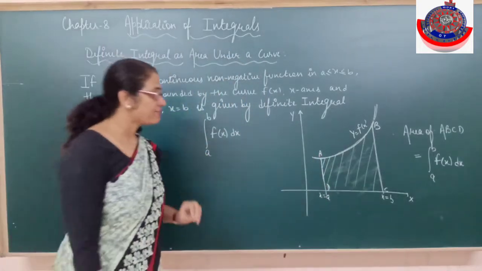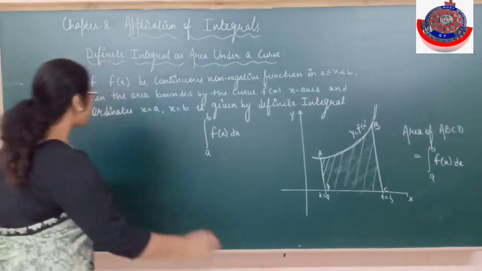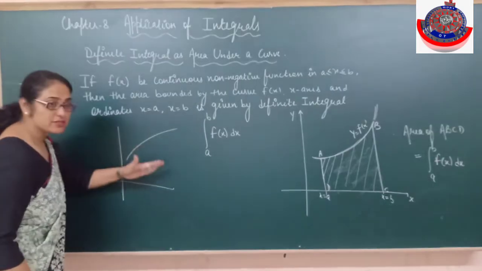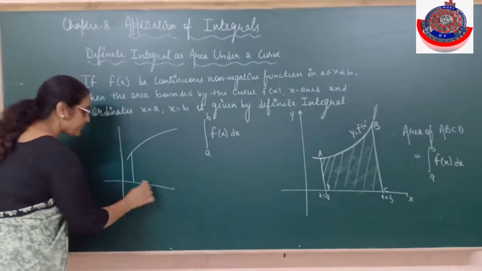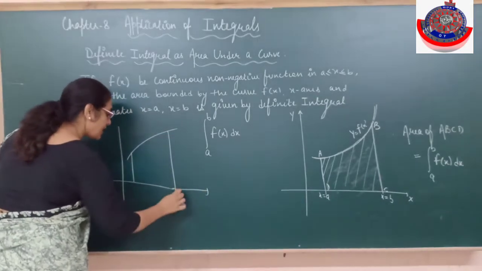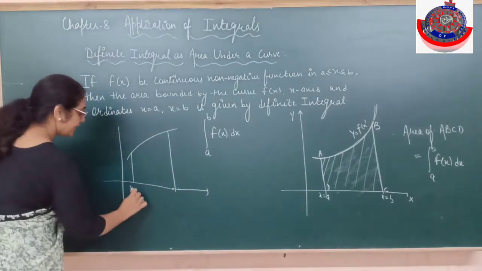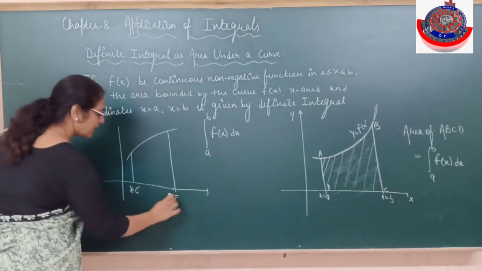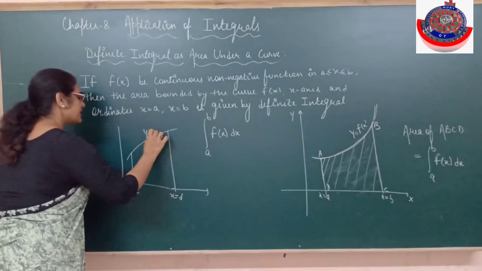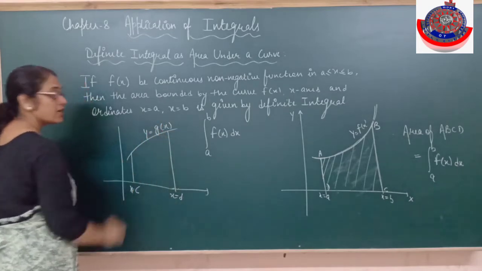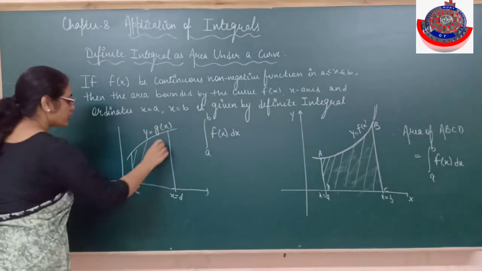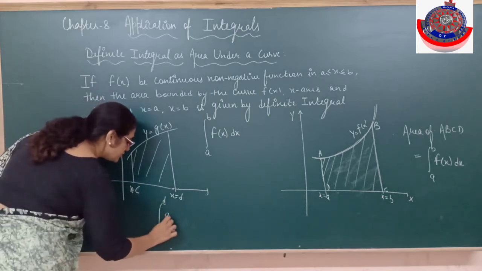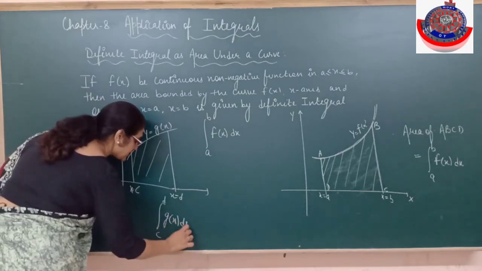That means if I have to find out the area bounded by this curve, the x-axis, and any ordinates, suppose C and D, and the curve is given by g(x), then the area will be the integral from C to D of g(x) dx.